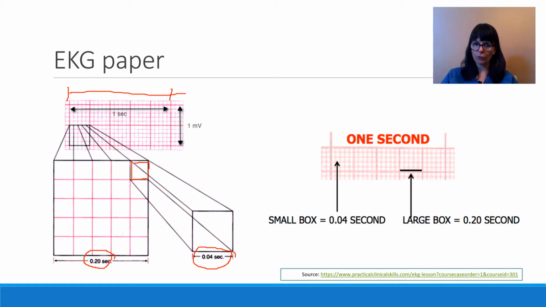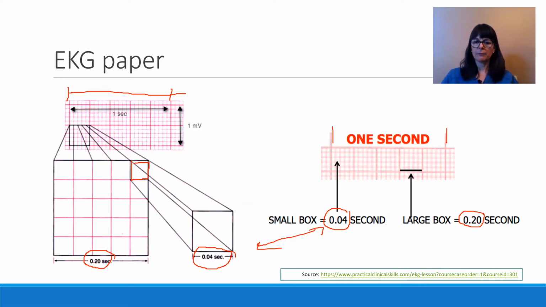Again, looking at it over here, 1 second is 5 of these larger boxes. One large box is 0.20 seconds, and then 1/5 of that, so one of these small boxes represents 0.04 seconds, just like over here. So these are the same.